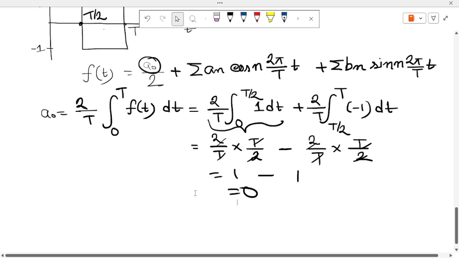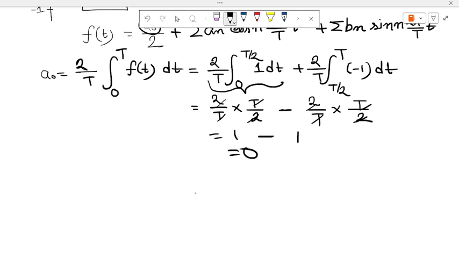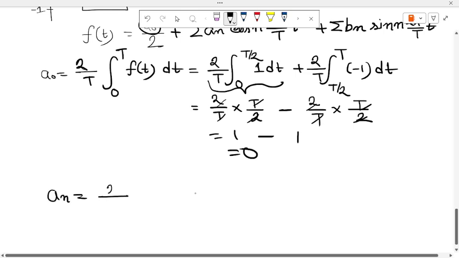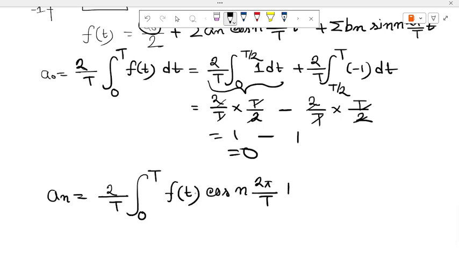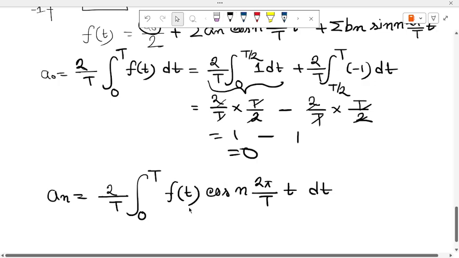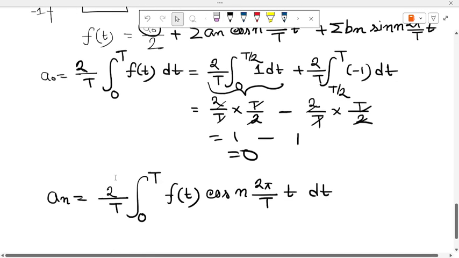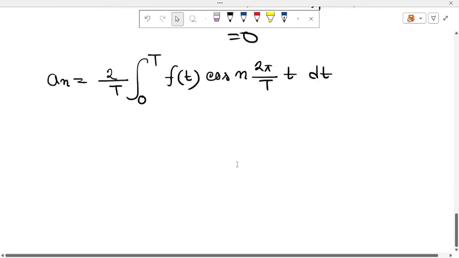Okay, now I have to find an. So an is equal to 2 by T from 0 to T, first we have to write here the function value, then cos n 2 pi by T into t dt. I think maybe an is also equal to 0, but let's find.